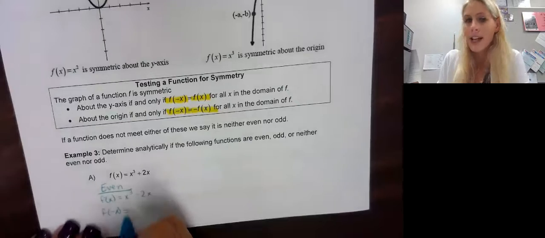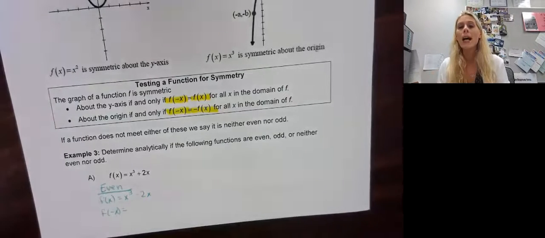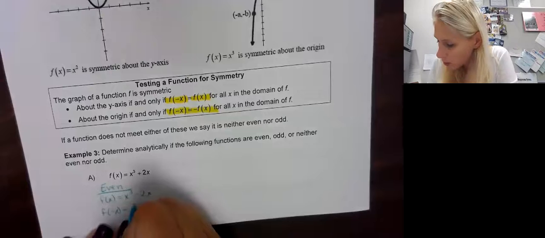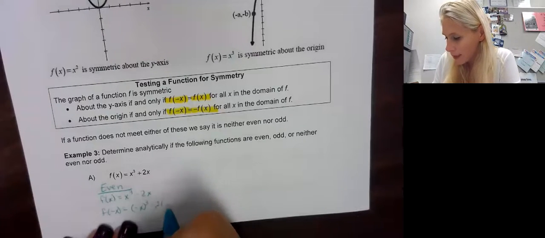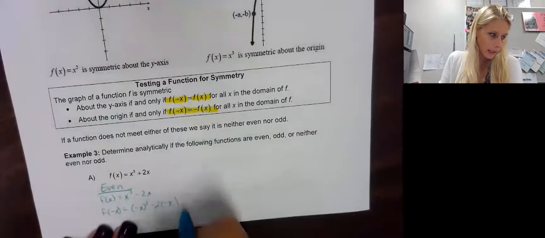Now, f of negative x means that we would substitute negative x in for x. So I would get negative x cubed minus 2 times negative x.